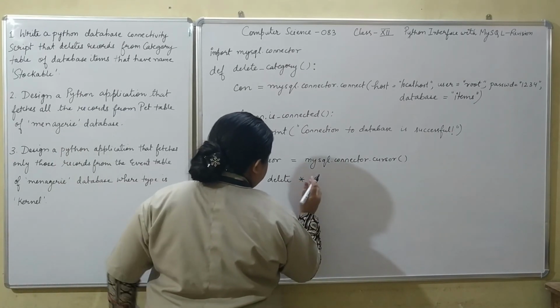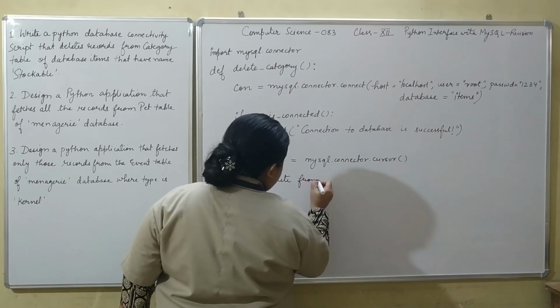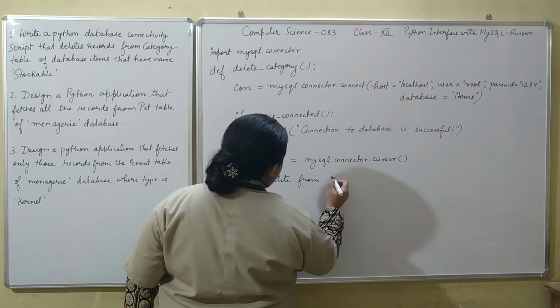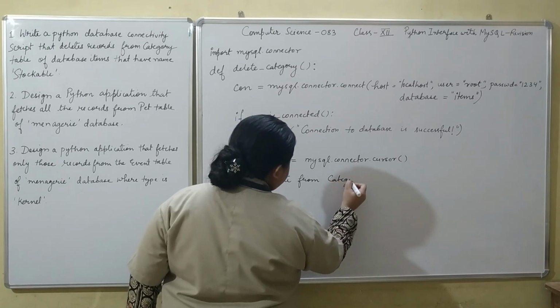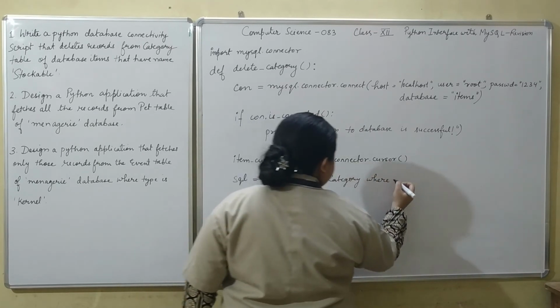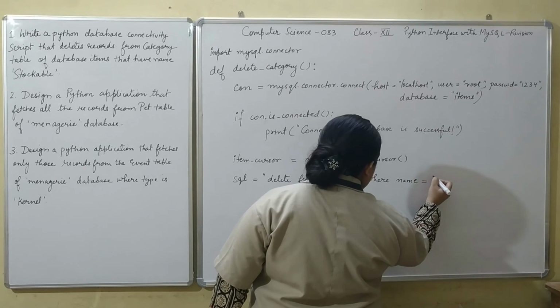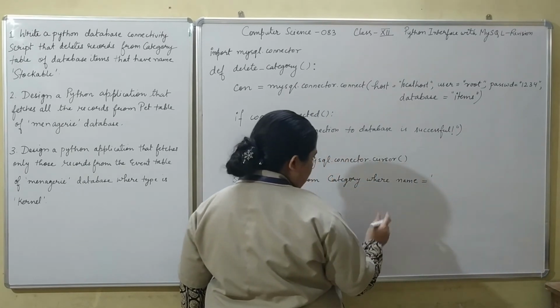So delete from, table name is required. So the name of my table is category, where name is equal to, now I have multiple options.